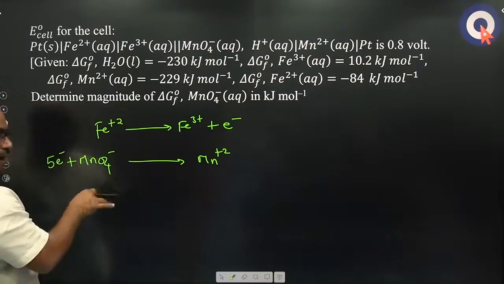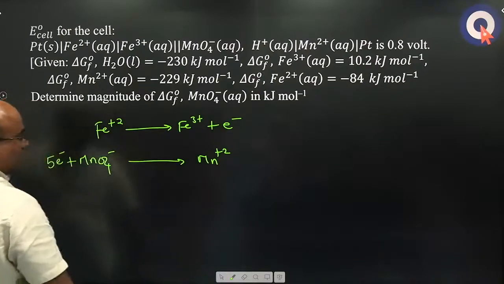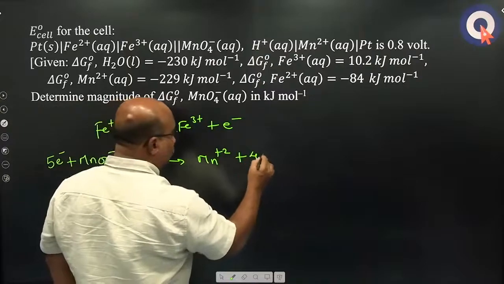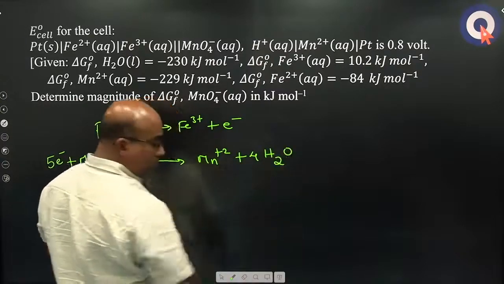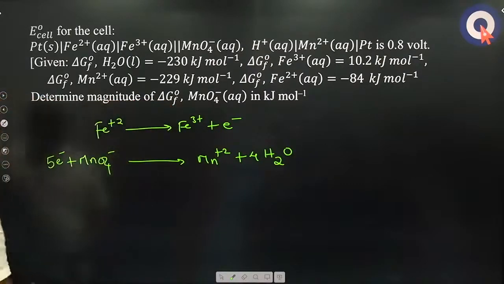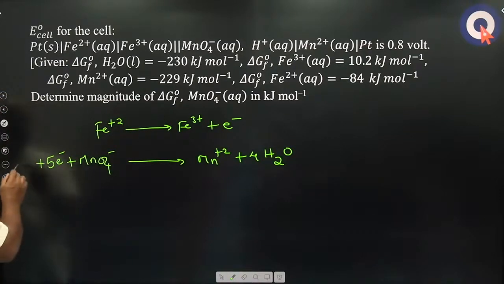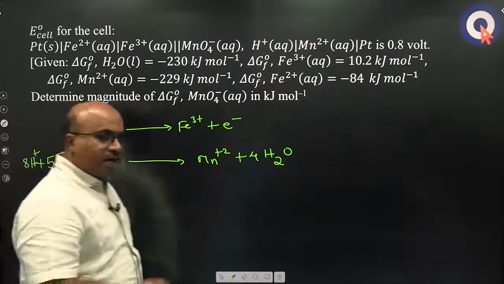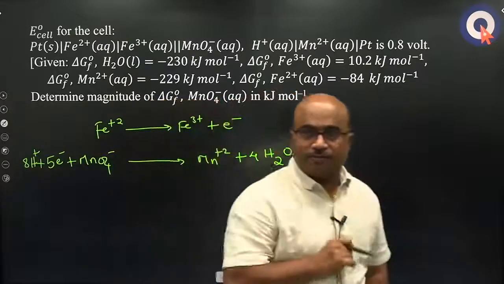This is the other way of balancing the reaction also. Then oxygens are now 4, so we add 4 H2O. So what are the charges? Only to balance the charges we will add H+, that is 8H+. So this is the cell reaction set individually at the anode and cathode.